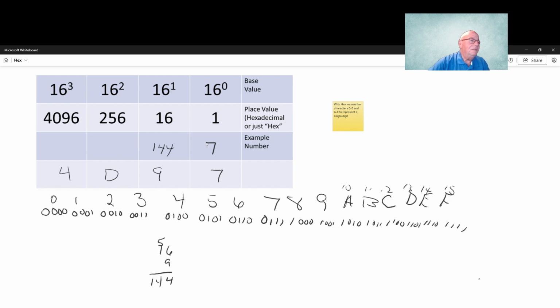And then D is equal to 13 times 256. 3 times 6 is 18, carry the 1. 3 times 5 is 15, plus 1 is 16, carry the 1. 3 times 2 is 6, plus 1 is 7. 768 plus 2560 is 3328.